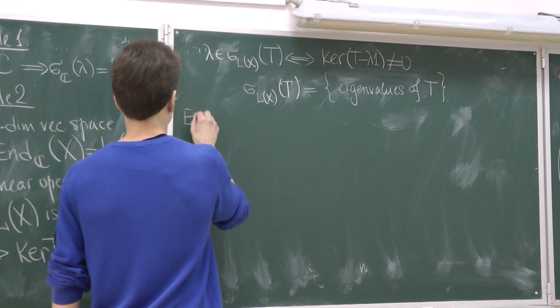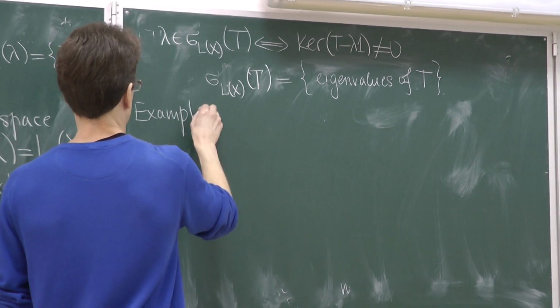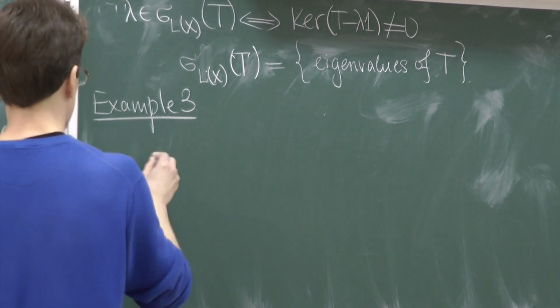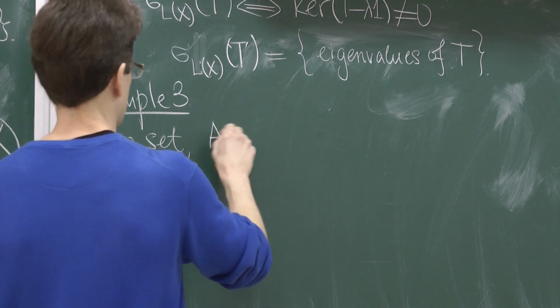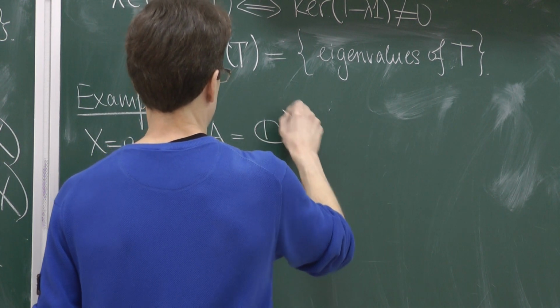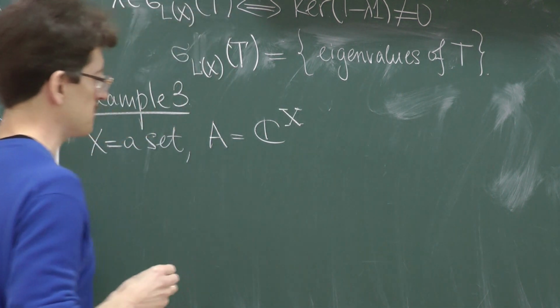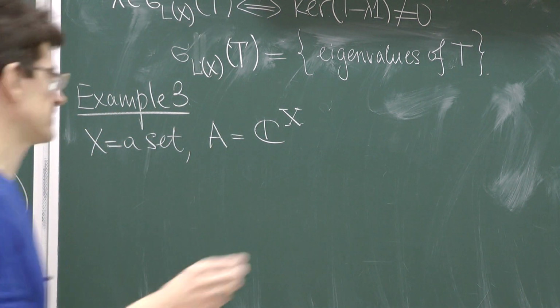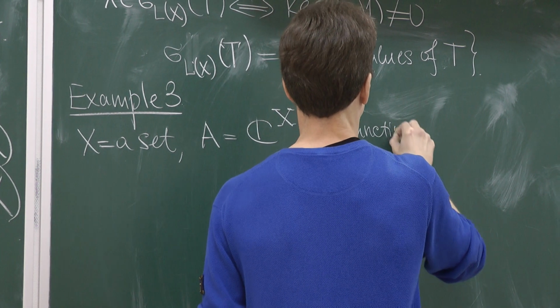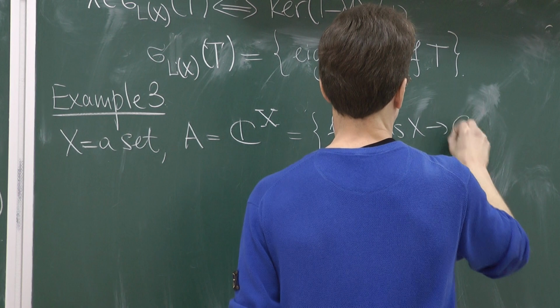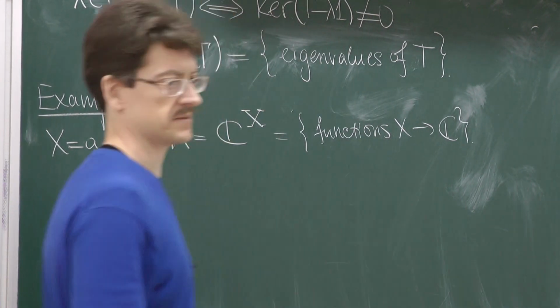Example 3. Now suppose that X is any set, and let A be the algebra of all complex valued functions on X. The multiplication is pointwise.